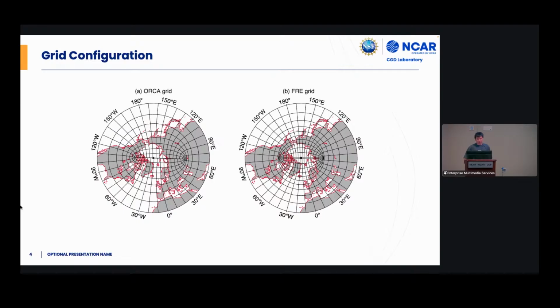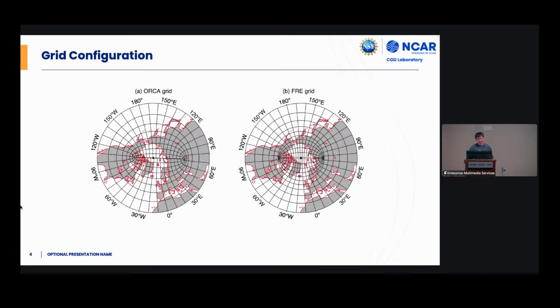The grid configuration is actually slightly different from what we use for the 2/3 degree resolution model. What I showed on the left is the ORCA grid, which is used in the 2/3 degree resolution model. For the 2 degree model, we use the FRE grid tool developed at GFDL.